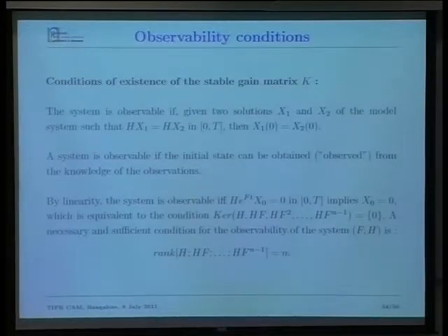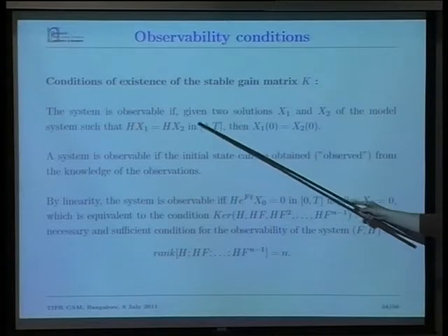So, what are the conditions of existence of a stable gain matrix K? Because for any model F and any observation operator H, you cannot assume that it will be possible to stabilize the model. Okay?